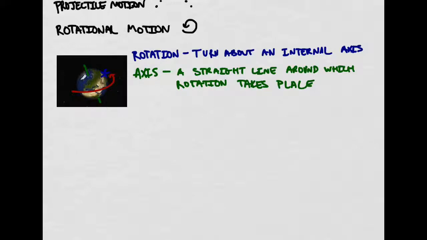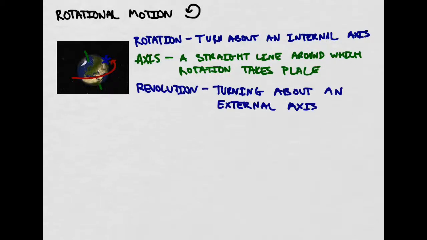So the Earth is rotating around an internal axis, and I am revolving, which means I am turning about an external axis. So the axis is not within my body. If I personally were spinning, I would be rotating, but I'm standing on the ground, revolving around its axis.